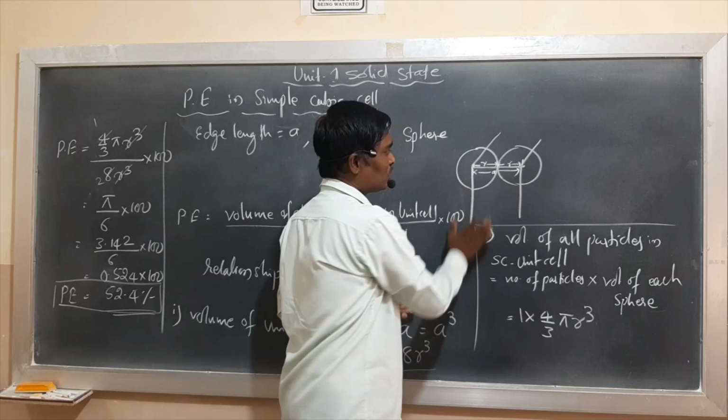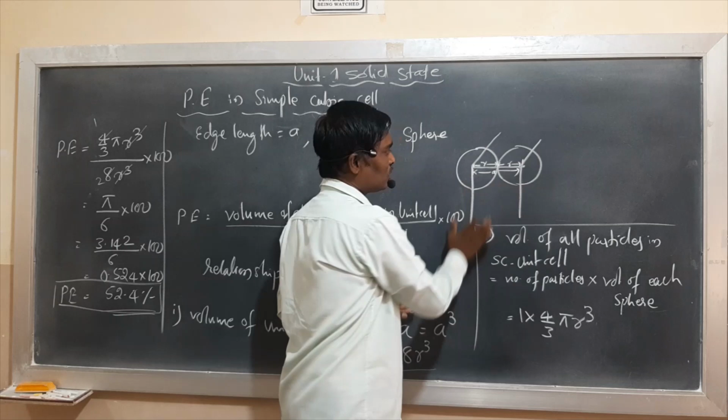And students, here in the face-centered cubic unit cell, the face-centered particle and the diagonally opposite corner particles are in touch with each other. We select those particles to calculate the packing efficiency. So first let me draw the arrangement of particles in FCC.